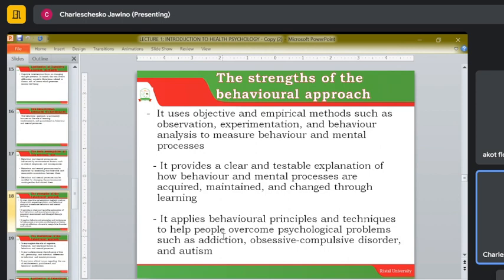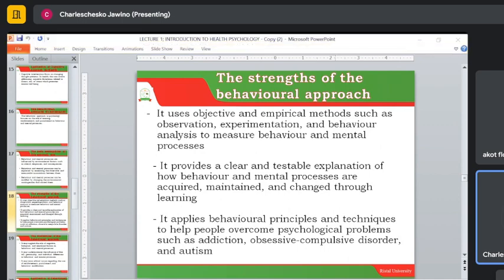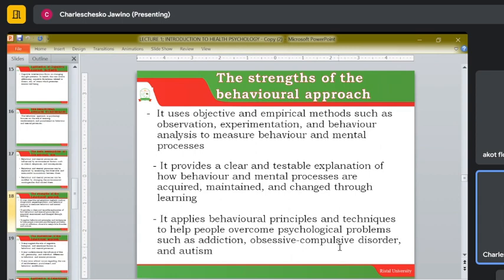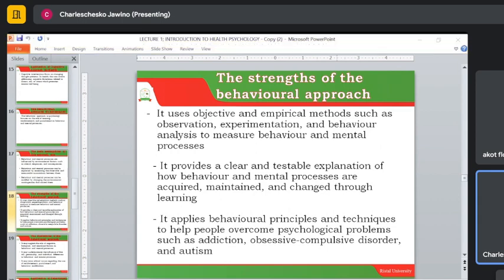Another strength is that it applies behavioral principles and techniques to help people overcome psychological problems such as addiction, obsessive compulsive disorders, or autism. This approach is telling us that you can use the behavioral approach to make an individual adjust their behavior.